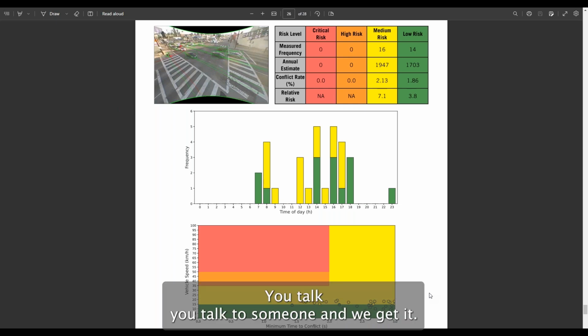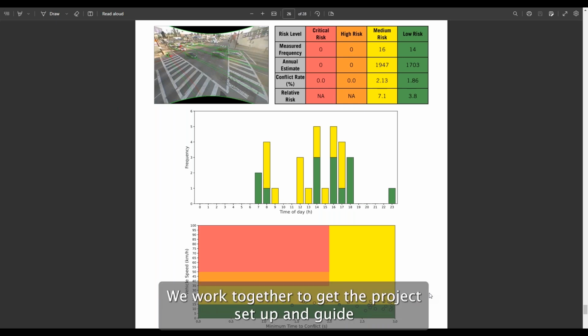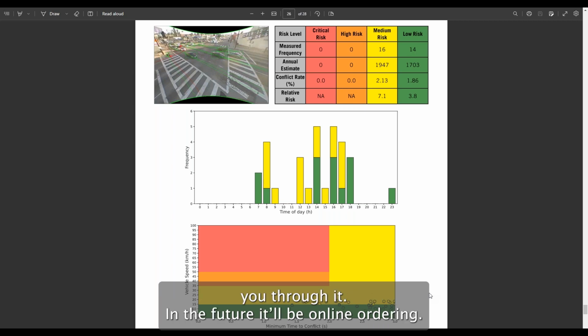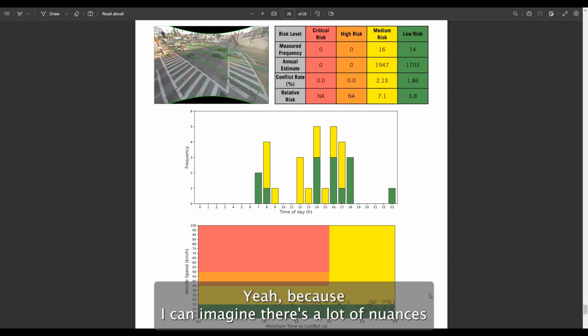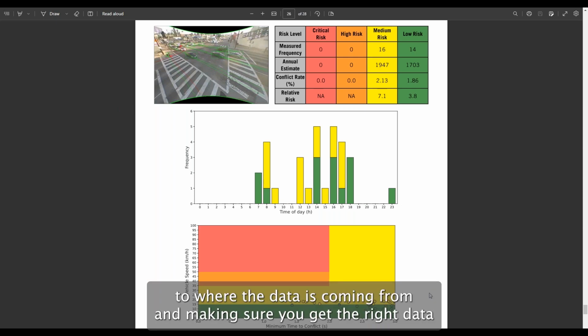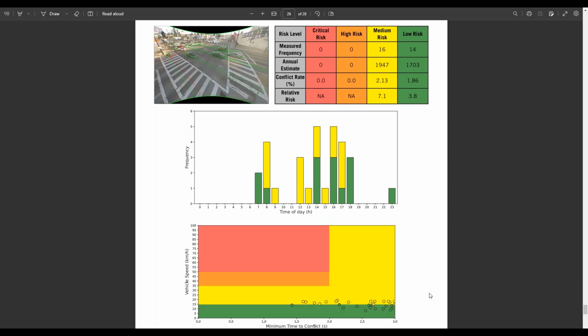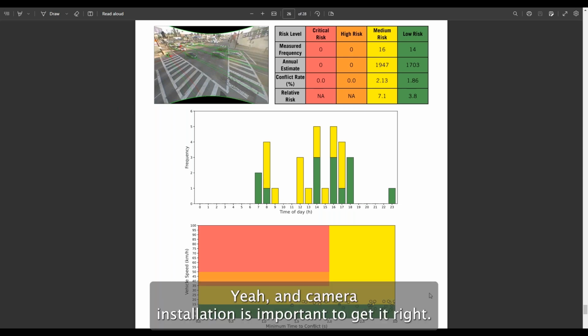You talk to someone and we work together to get the project set up and guide you through it. In the future, it'll be online ordering. Yeah, because I can imagine there's a lot of nuances to where the data is coming from and making sure you get the right data. For sure, and camera installation is important to get right.